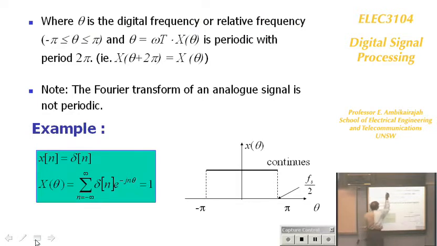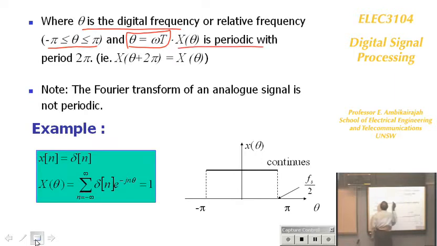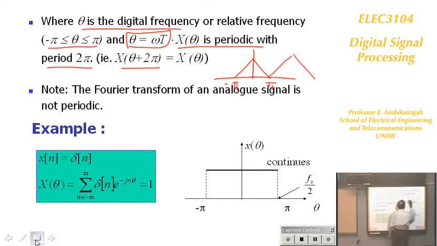And theta is the digital frequency as we know, and theta is between minus pi to plus pi, and theta is defined by omega times T, where 1 over T is the sampling frequency. X(theta) is periodic with a period 2 pi, we know this, and X(theta plus 2 pi) is X(theta). So remember, if you've got a fundamental spectrum between pi and minus pi, that spectrum will repeat. You've learned that before.